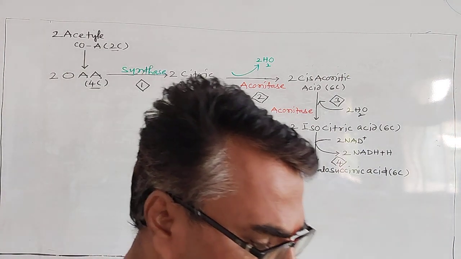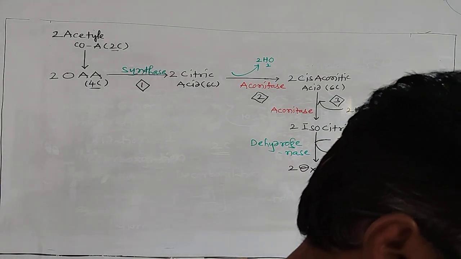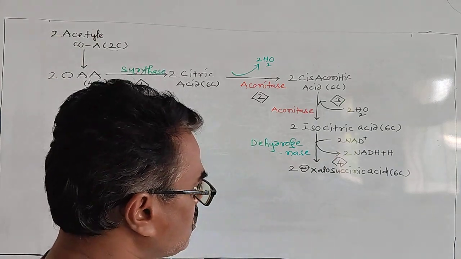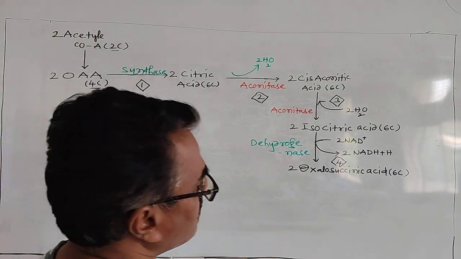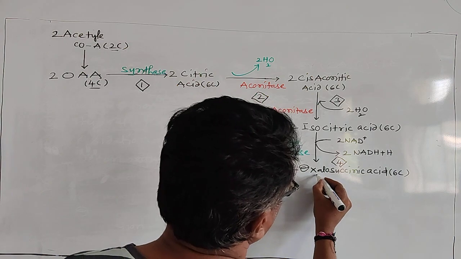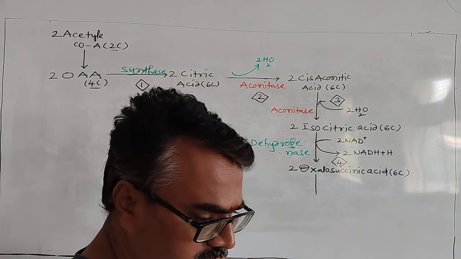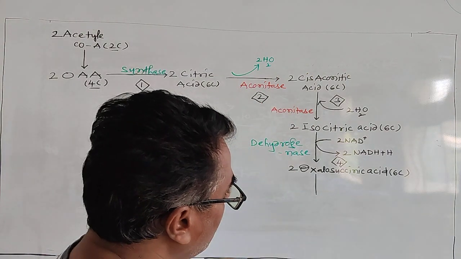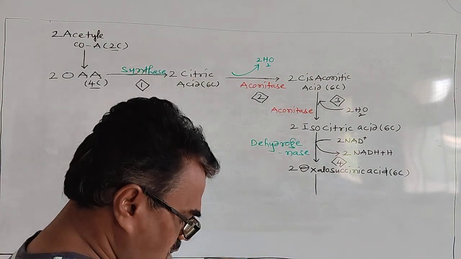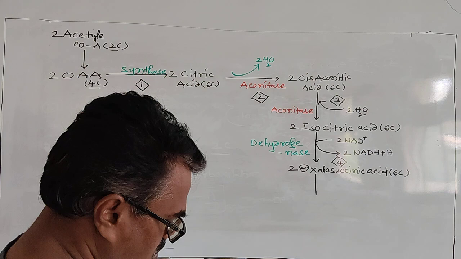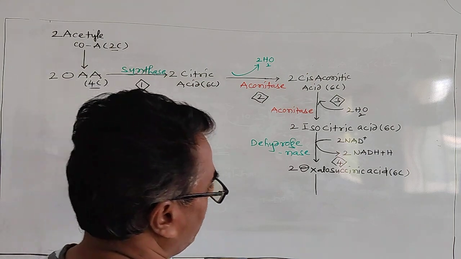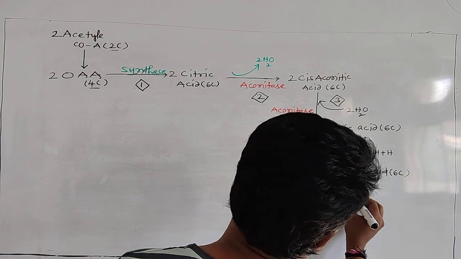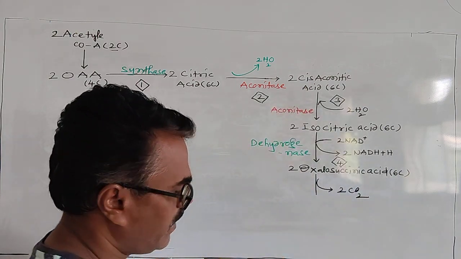Next, the fifth chemical reaction, that is decarboxylation. From these 2 moles of oxalosuccinic acid, 2 moles of CO2 are removed.